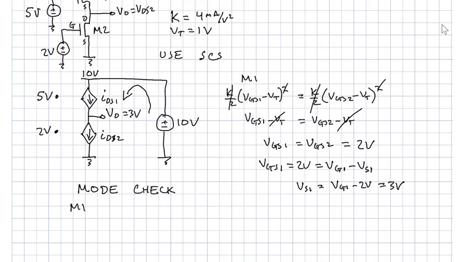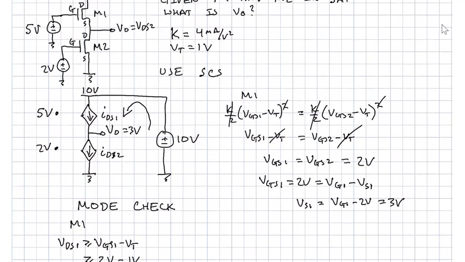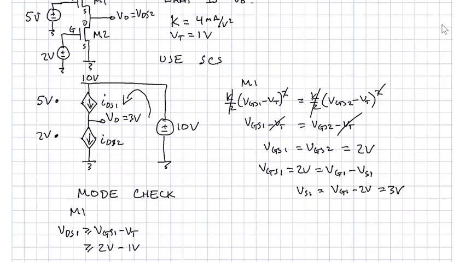So our saturation criteria is VDS1 greater than or equal to VGS1 minus VT. So now we know what VGS1 is. We did that before. This was 2 volts. This is 1 volt VT. But what's VDS1? We found that VS1 is equal to 3 volts.